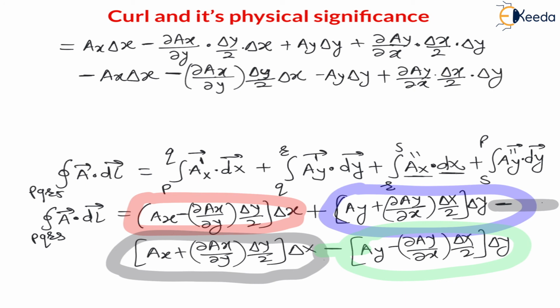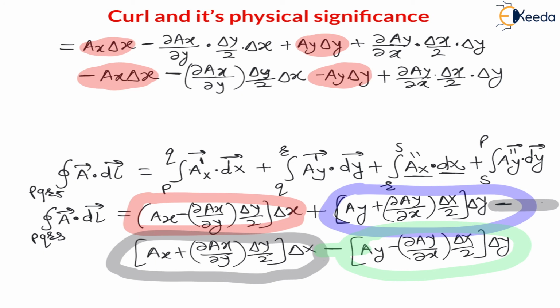Now here there are many terms. Let us understand. See, ax del x, and here minus ax del x, these two terms will cancel each other. Similarly, ay del y minus ay del y, these two terms will cancel each other. The terms highlighted with red color will cancel each other. Definitely you are understanding this, right?